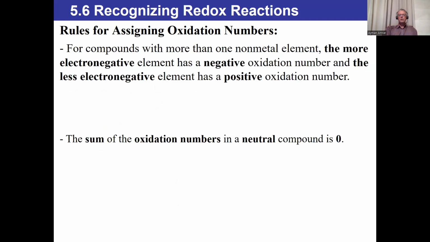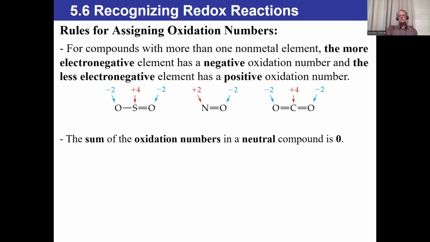For compounds with more than one non-metal element, the more electronegative element has a negative oxidation number, and the less electronegative element has a positive oxidation number. Like S and oxygen, elements of group 6A. S is more metallic, so it forms the positive cation, and oxygen, the more electronegative, forms the -2 anion.